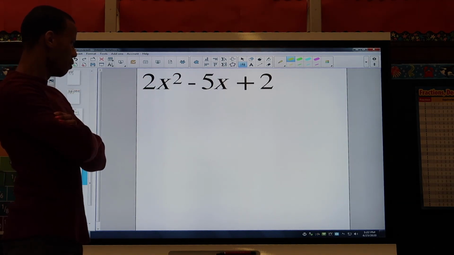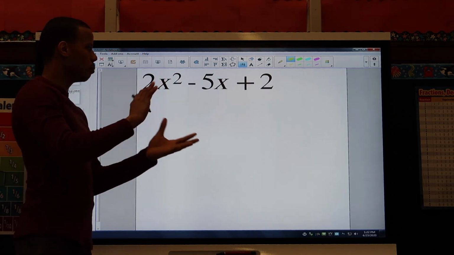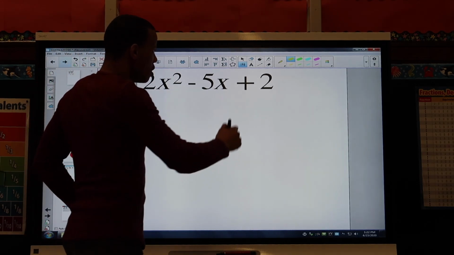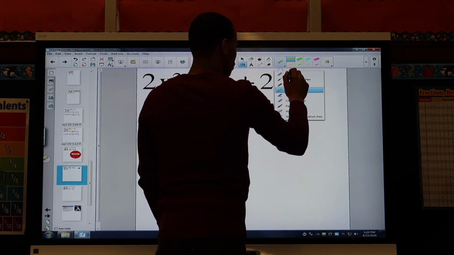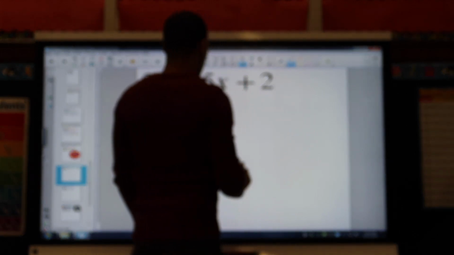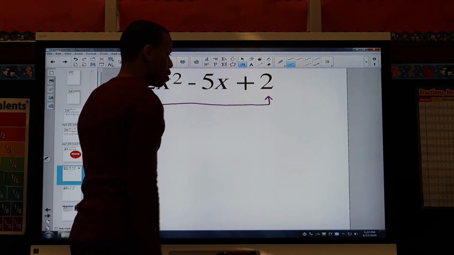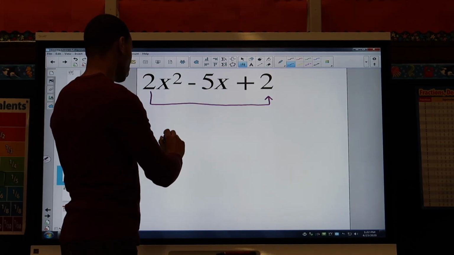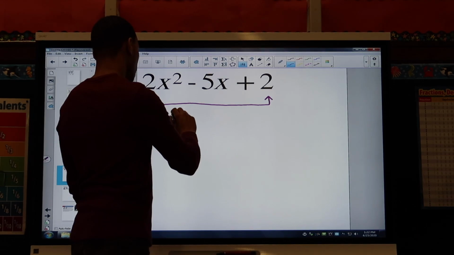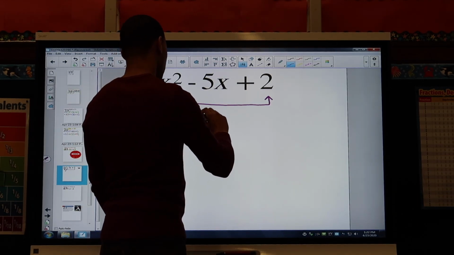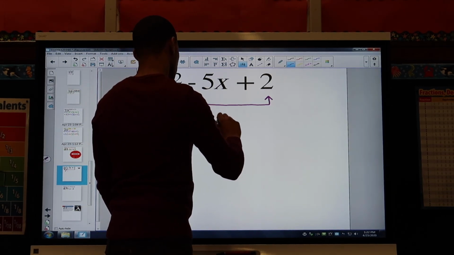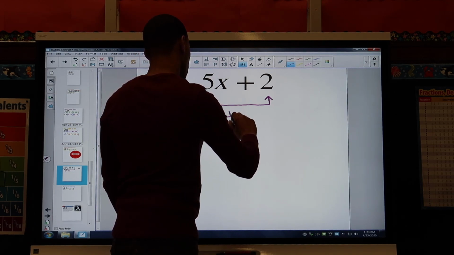So now for something like this, you kind of want to play with the polynomial. This is what I'm going to do. I am going to take this 2, slide it, and multiply by your last term, okay? So now this will give me x squared minus 5x plus 4.